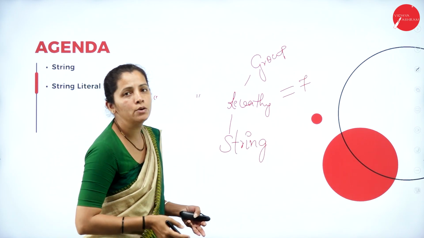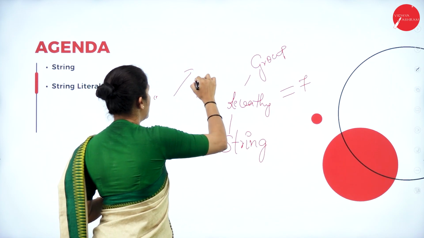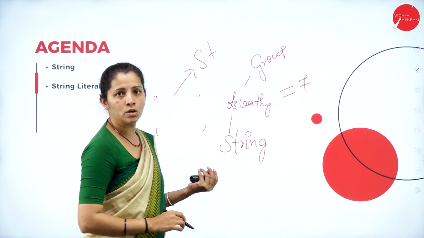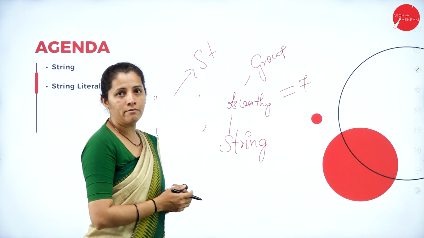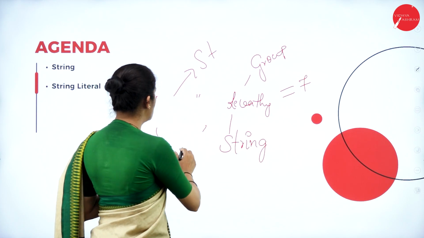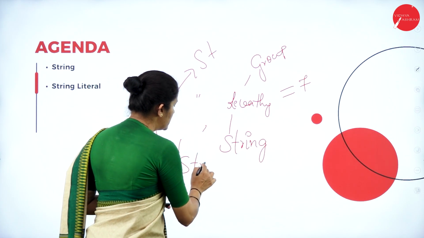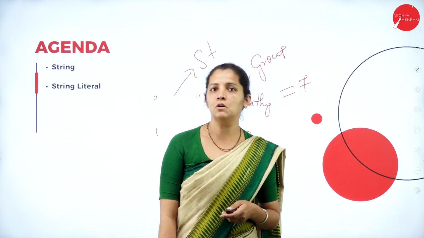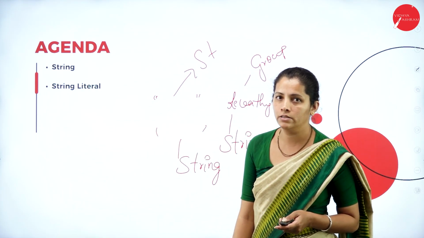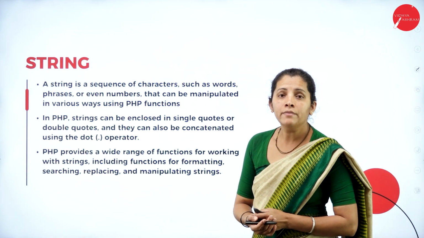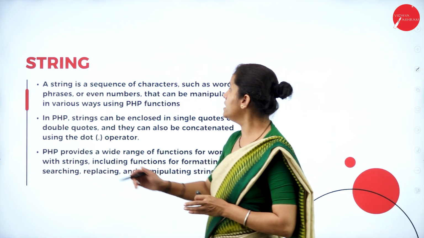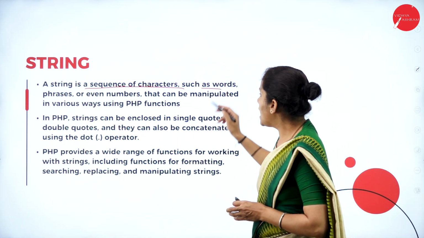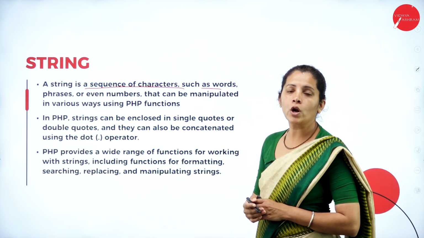If I write anything within double quotes, it is treated as a string. If I write the same thing within single quotes, then in some programming languages that is also treated as a string. So a string is a collection or group of characters. In PHP, a string is a sequence of characters such as words, phrases, or even numbers.